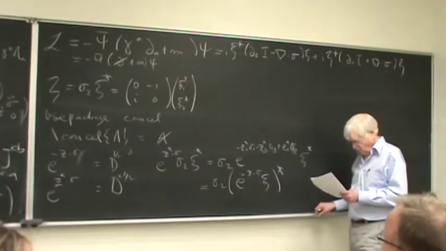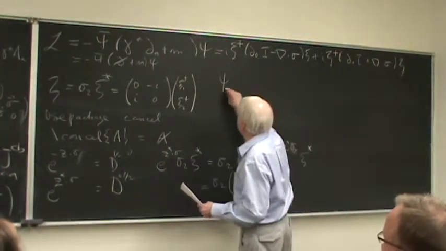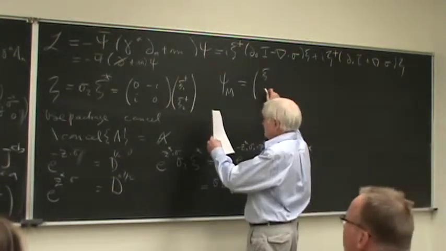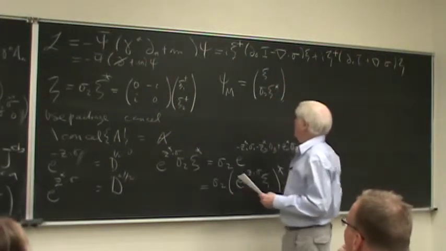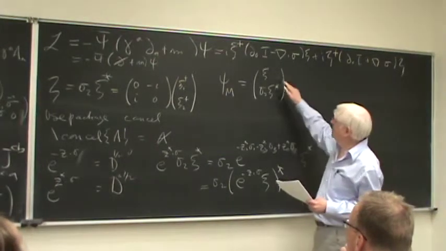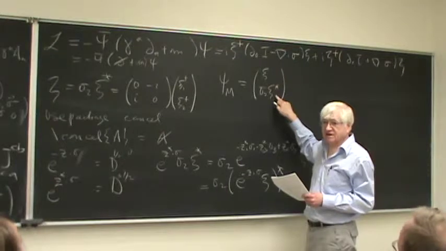Now, what's the simplest Majorana spinner? We can make a Majorana spinner this way: c, sigma 2 c star. So this is left and this is right, but there's only one field here.